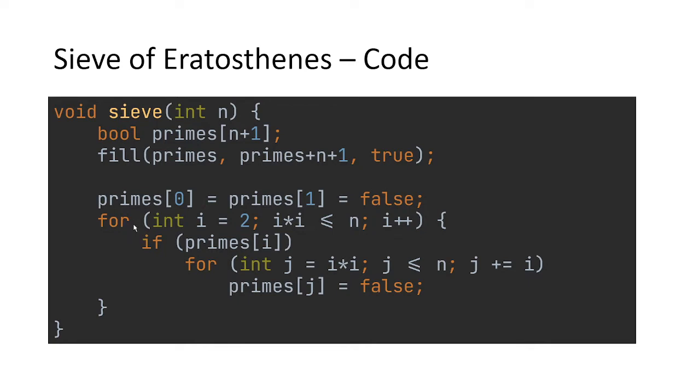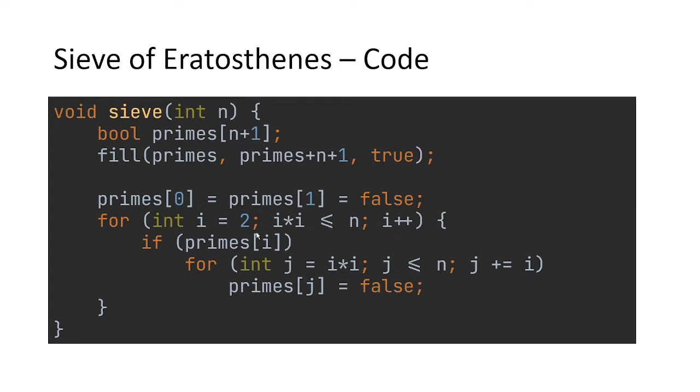Then we run a loop, and in the first iteration i equals 2, right? Then if primes i, this will return true. Primes two is true because 2 is a prime number by default.